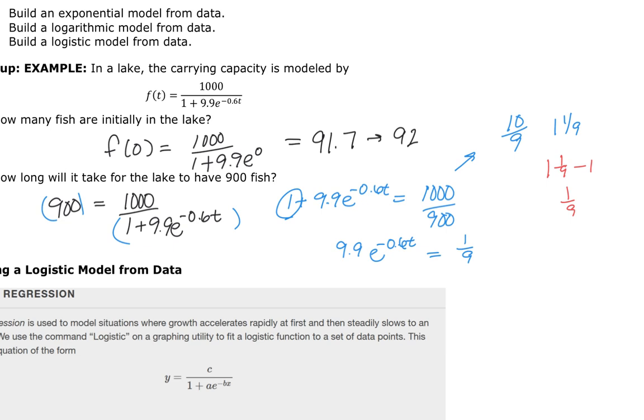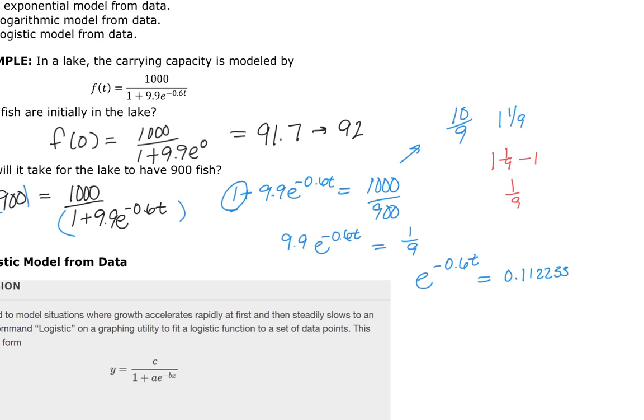Now I'm going to take both sides and divide by 9.9, so I have 1/9 divided by 9.9, and I'm going to have e to the negative 0.6 t is equal to 0.112233445566. I'm just going to go that far. And of course, as we know, we're going to take the natural log of both sides.